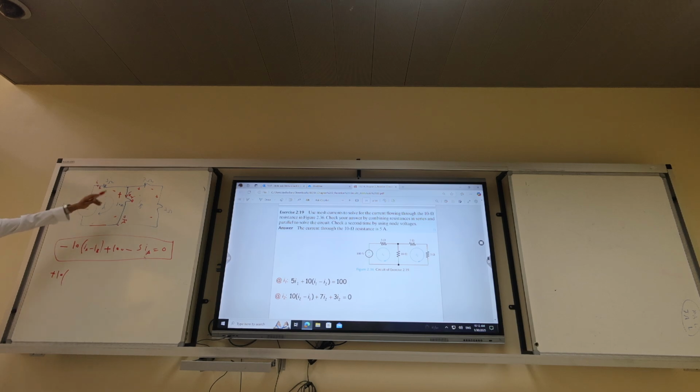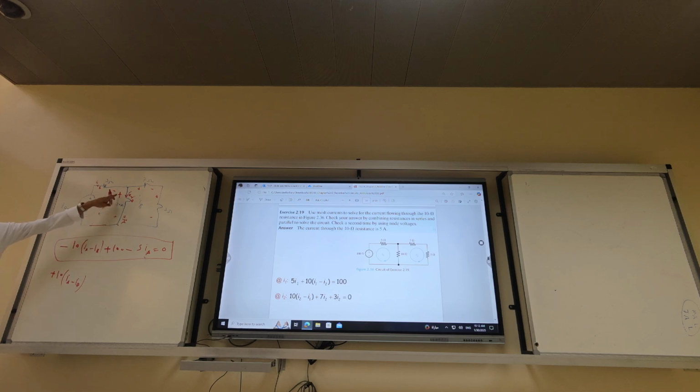No. The current we already said is IA minus IB. We need to fix it. Passive sign configuration. No, we don't need to fix it. Do we need to fix it? No, we already said the current enters from the positive. Again, we do not need to fix it.